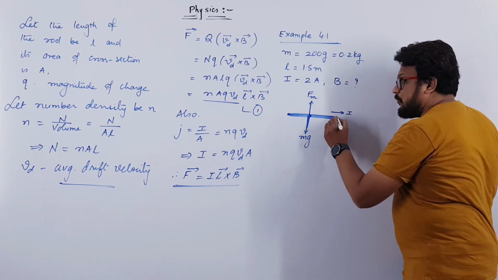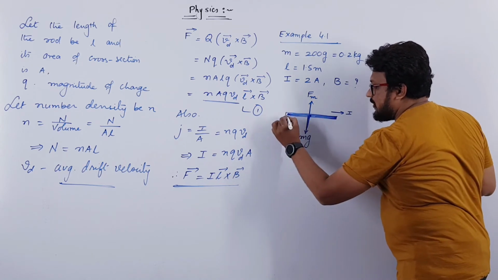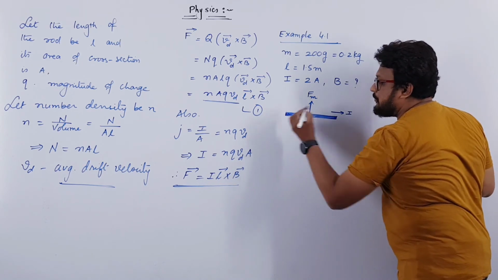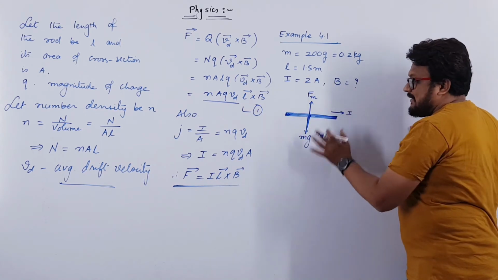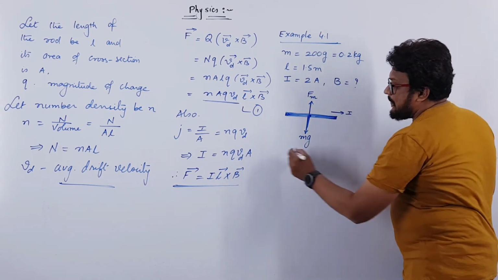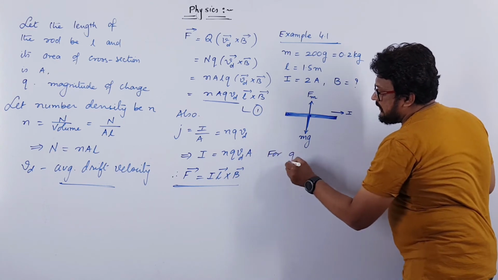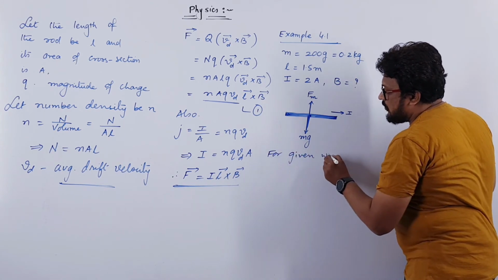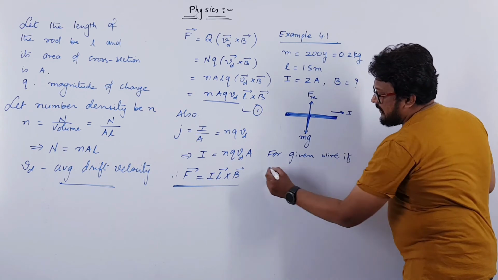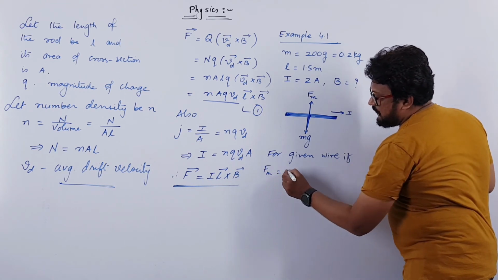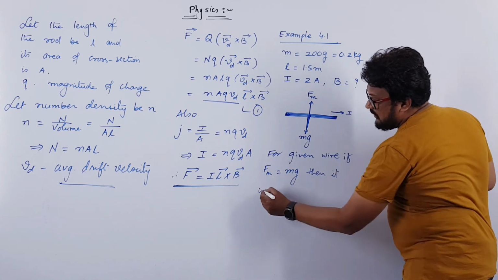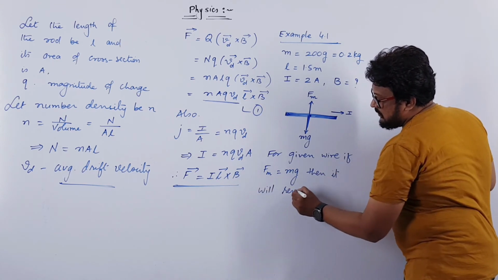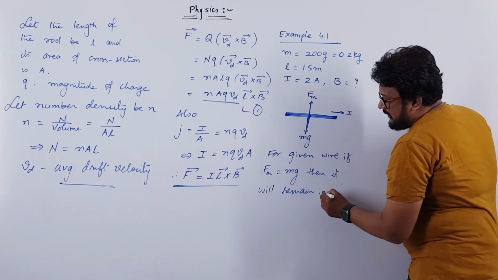For this wire to remain in mid-air at the same position, the magnetic force Fm must be equal to mg, then it will remain in mid-air.